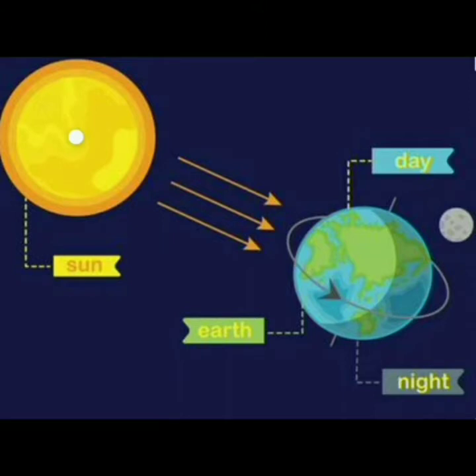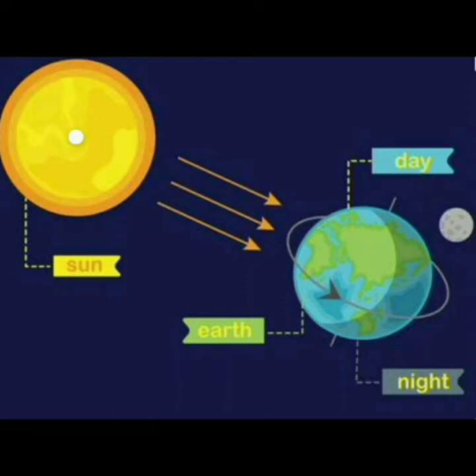When we look at the spherical shape of the Earth, only half of it gets light from the sun at a time, as it is spherical or round in shape. When the sun's rays fall, only a particular part of the Earth is in light. And as you can see, here is the picture.